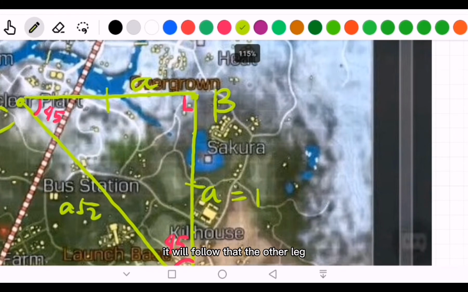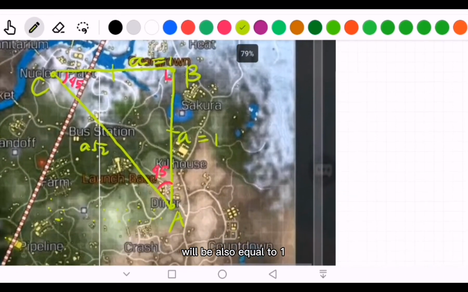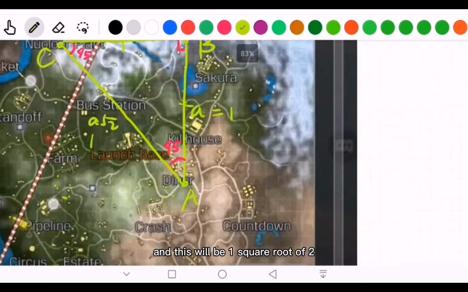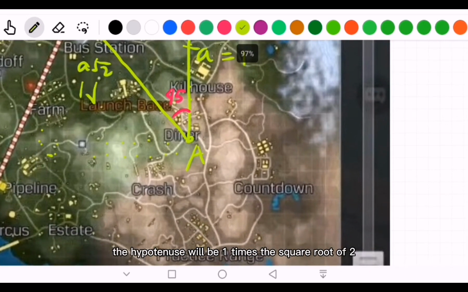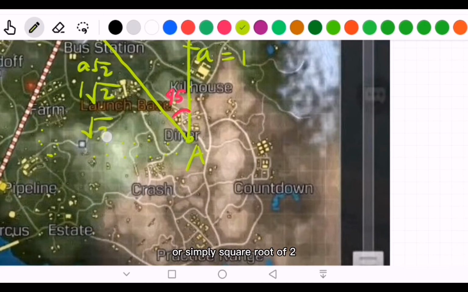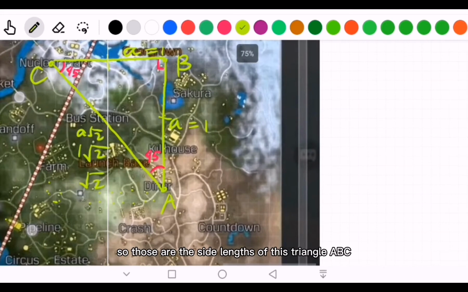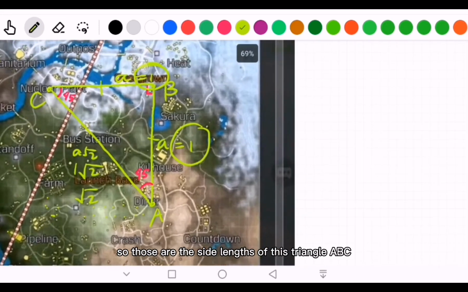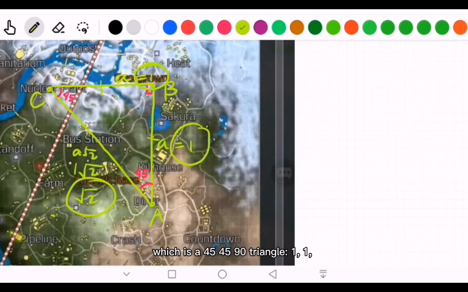It follows that the other leg will also be equal to 1, and the hypotenuse will be 1 times square root of 2, or simply square root of 2. So those are the side lengths of this triangle ABC, which is a 45-45-90 triangle: 1, 1, and on the hypotenuse, square root of 2.